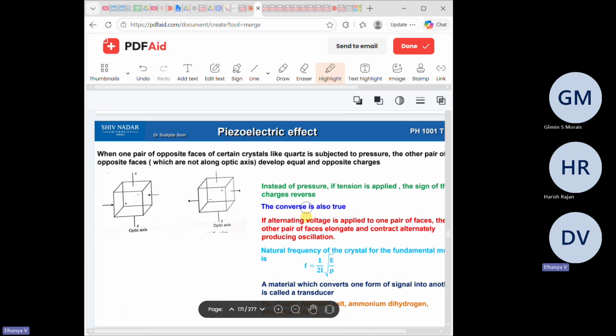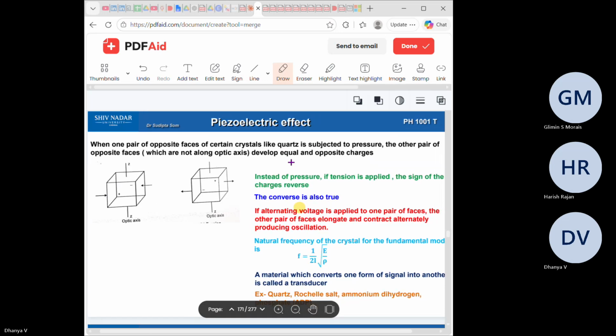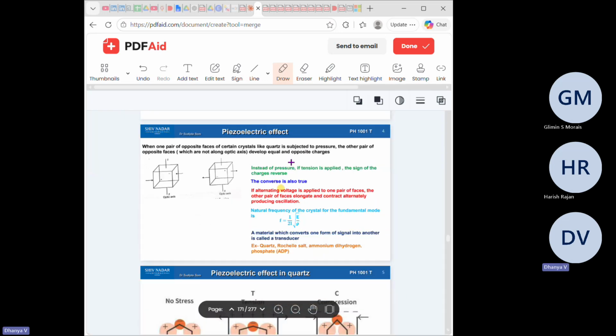Okay, now comes the next important thing, that is the piezoelectric effect. So this is something that's really important. So essentially, what is this?